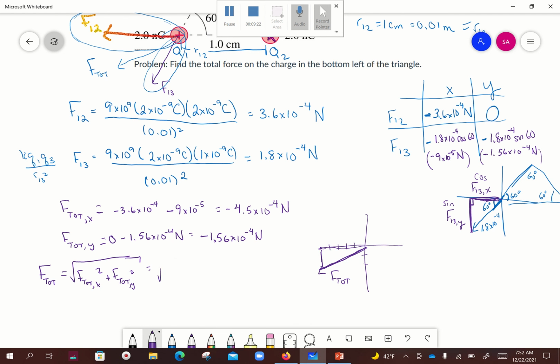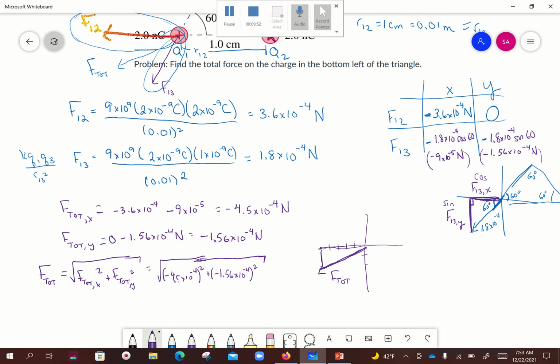So that's the square root of minus 4.5 times 10 to the minus 4 squared plus minus 1.56 times 10 to the minus 4 squared. Okay, be careful. Some of your scientific calculators, when you put the minus and you square it, for some reason it doesn't square the minus sign and it gives you a minus sign. You know that if you square a negative number, you always get a positive number.